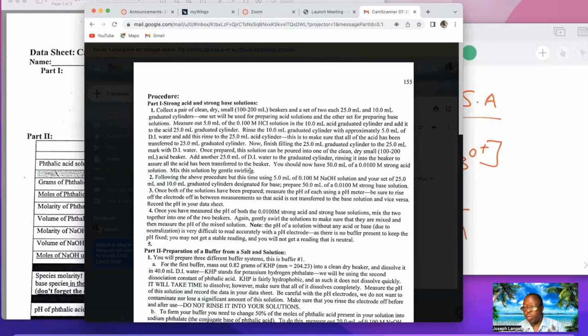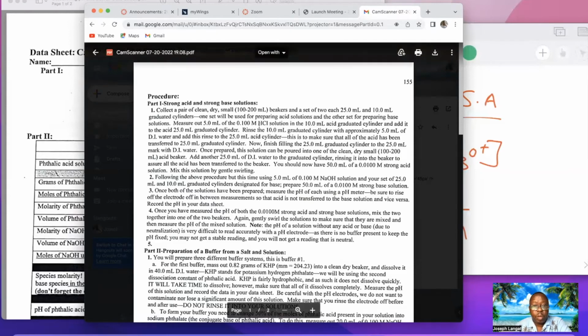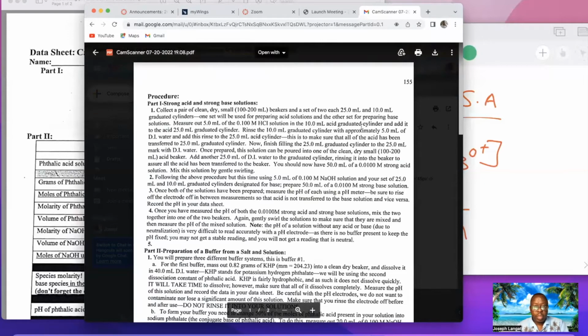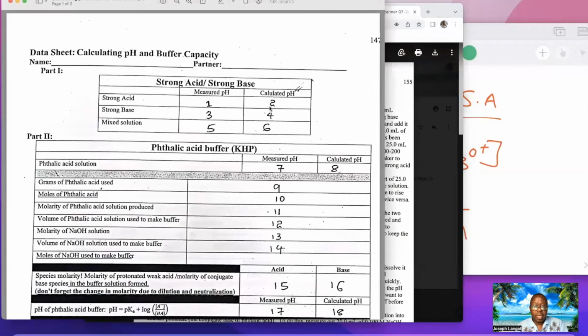Do not use the 0.1. If you recorded the 0.1, that was from the stock, from the fume hood, but now when you perform the experiment measuring 25 ml of deionized water and the acid 0.1, this is the final volume of the strong acid in part 1.